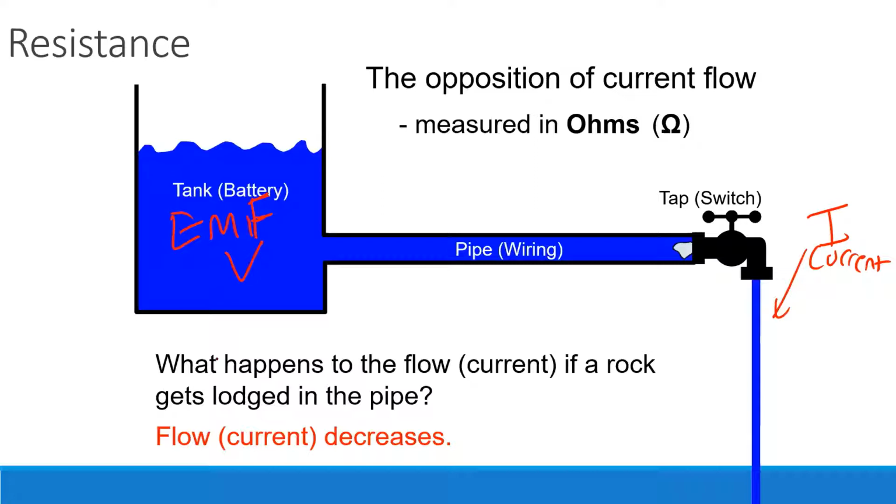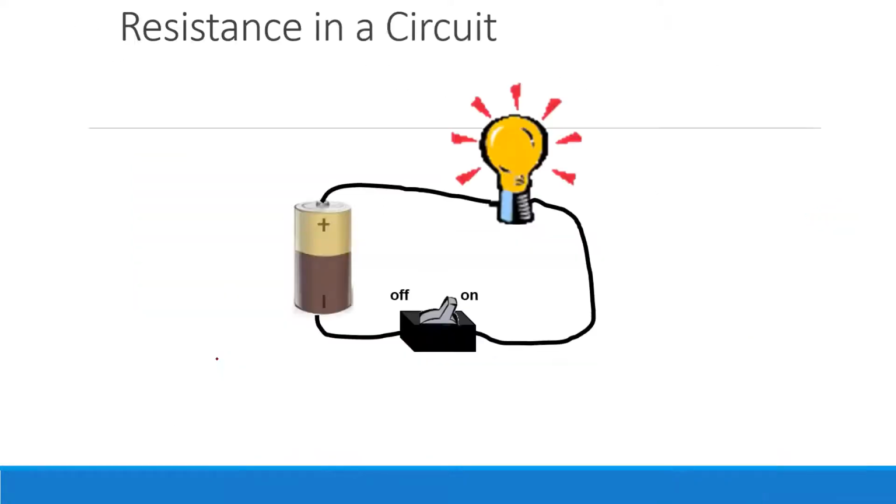The exact same thing occurs in a circuit. If I have a circuit here, the electrons are coming out of the negative side, going through the circuit, and they're happy. In fact, because we've got a lot of electrons, I'm going to do a big, thick line here.